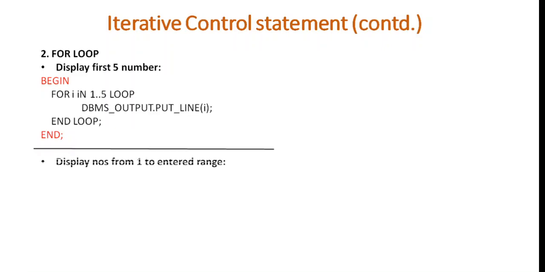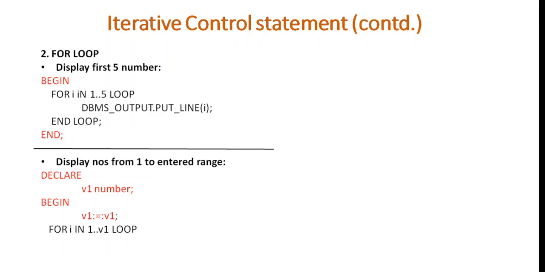Okay, now let's see another FOR loop which is also used to print a series of numbers but starting from 1 to a user entered value. So here we have declared one variable v1 in the DECLARE section which is of number type. Then in the BEGIN section we are reading the value of the v1 variable from the user, and then here in the FOR loop we are incrementing the value of index variable I from 1 to the user entered number.